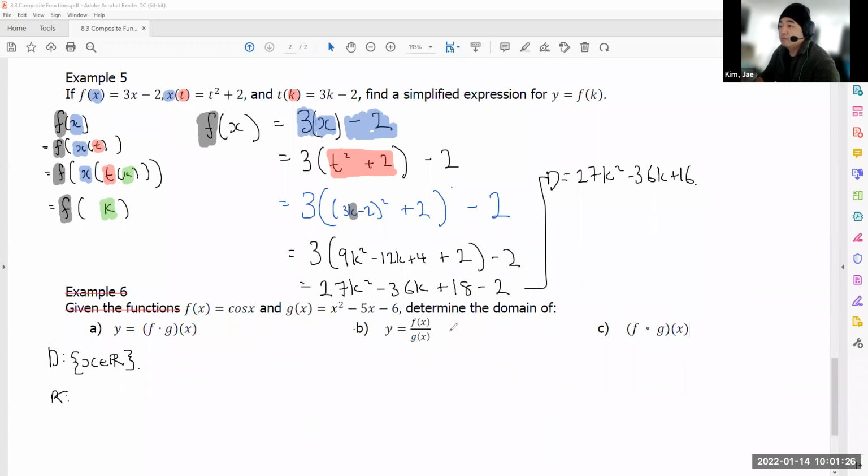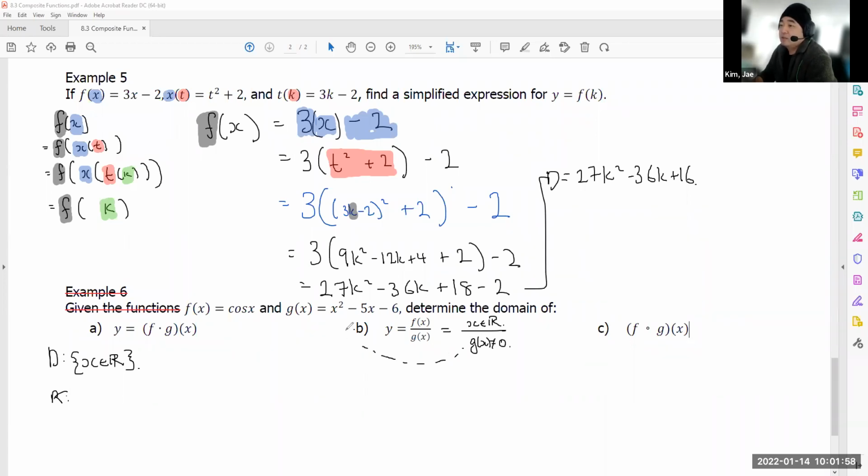For the next one, please note, for the domain of y equals, again, it's nothing different. The top part, you can say that it's going to be x in the real numbers. I don't have to worry about it. In the denominator, it's also x in the real numbers, but we can't have this portion equal to a 0. So that's the only situation where we would have a restricted domain.